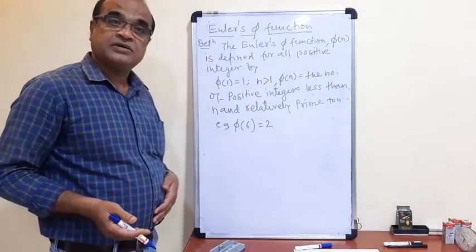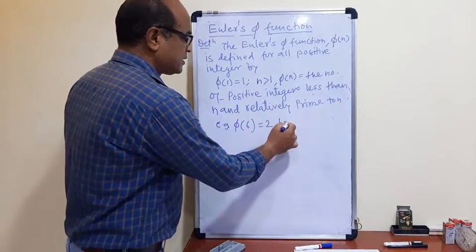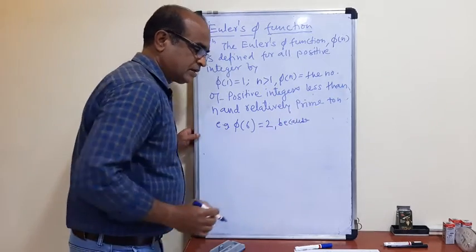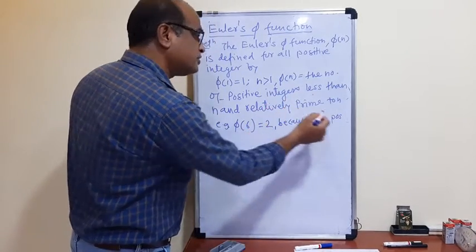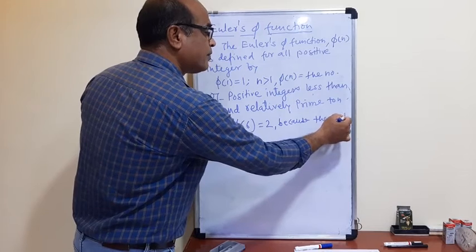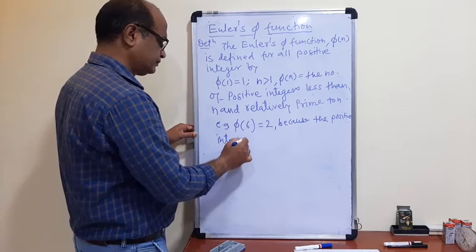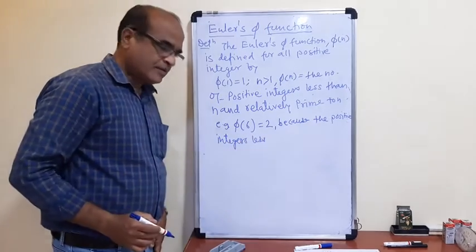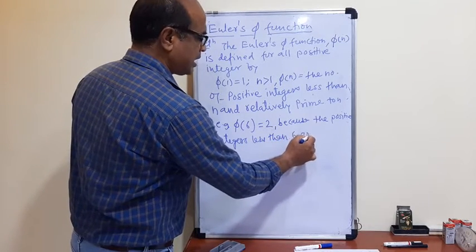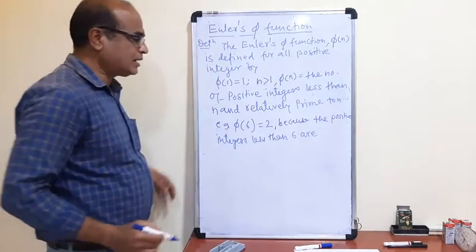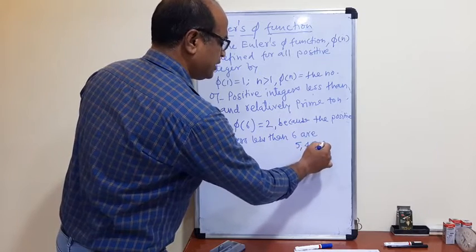So this is the Euler function. Phi of 6 is equal to 2. Why? Because of the definition: the positive integers less than 6 are 5, 4, 3, 2, 1.